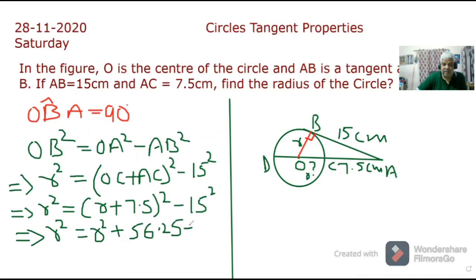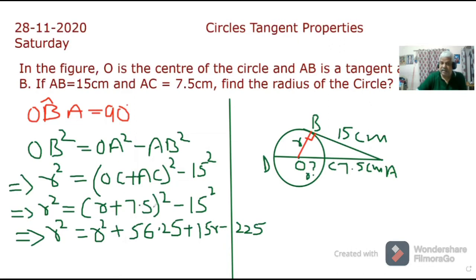Next, plus 2 into R into 7.5, that is 15R, minus 15 square, which gives you 225. Okay, children. Now observe, A plus B whole square I expanded. A square is R square.